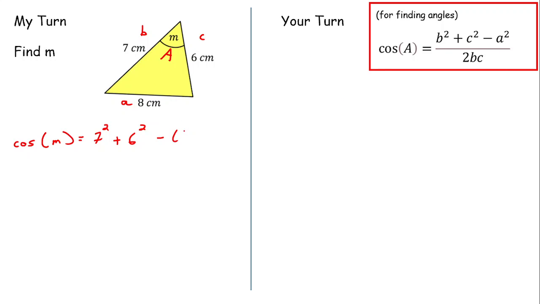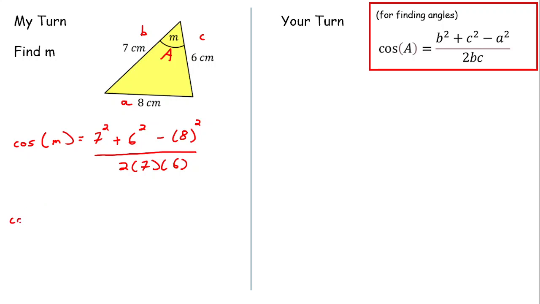Let's put it in brackets just to be really safe. 8 squared, over 2bc, which means 2 times b times c. So 2 times b is 7 and c is 6. So 2 times 7 times 6. And then I recommend from here, you could do this in different ways, but I recommend you put this first of all into your calculator and we'll go from there.